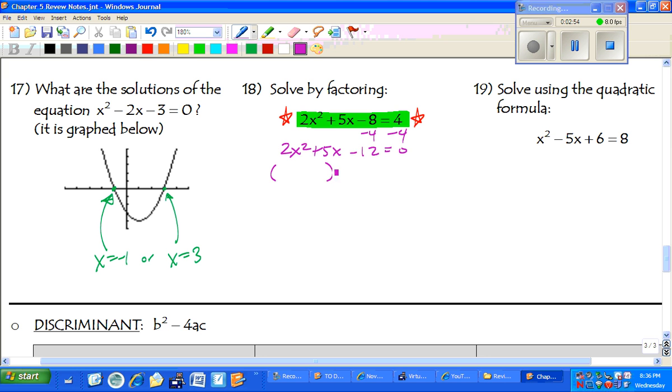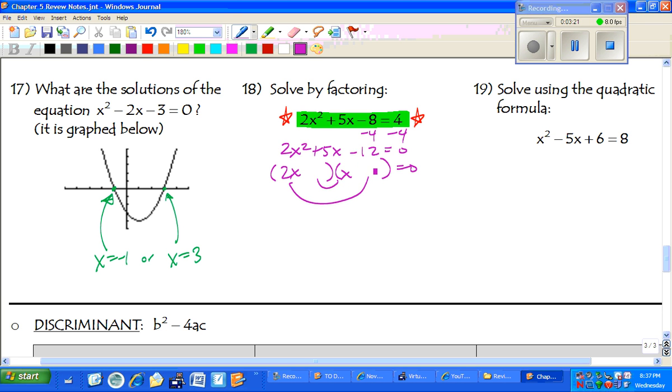Now we need to factor. So we know we're going to have a 2x and an x to multiply to give us 2x squared. We need to find the two numbers that multiply to give us -12, and where these two multiply and these two multiply and then add up to give us 5x. So we need to figure out numbers that multiply to give us -12 and then work to add up to give us 5x in here and here.